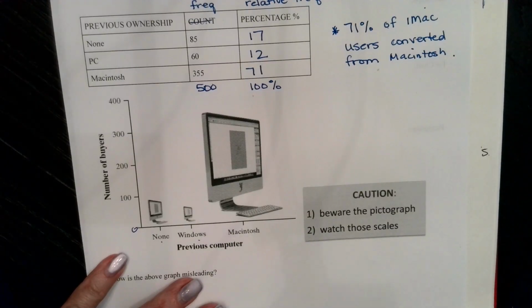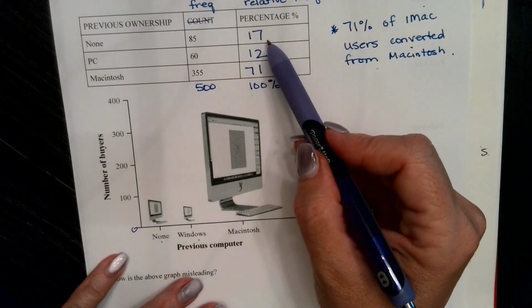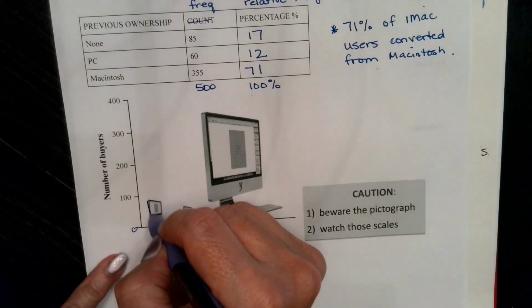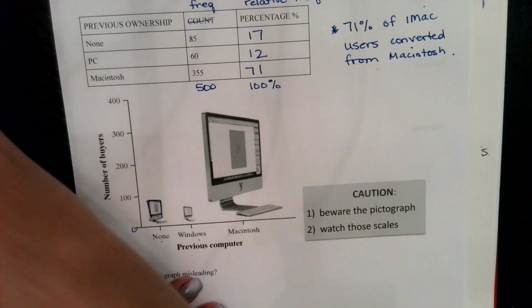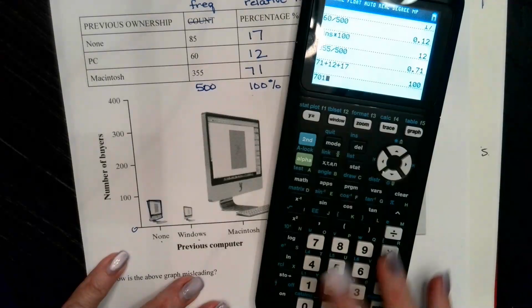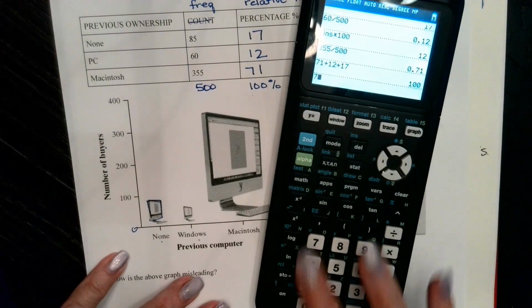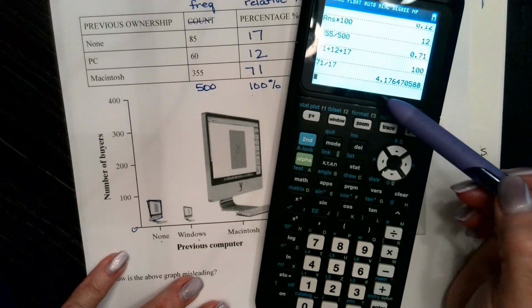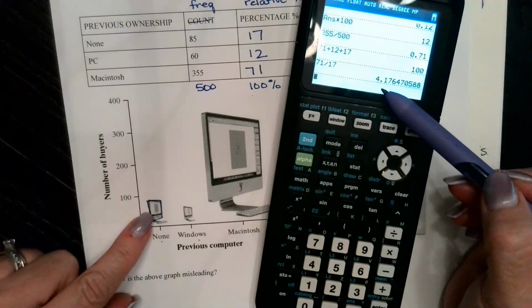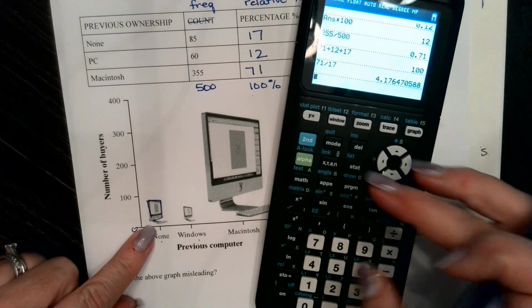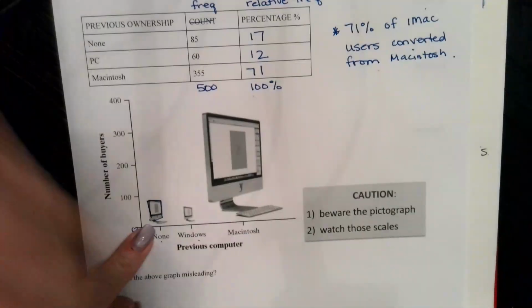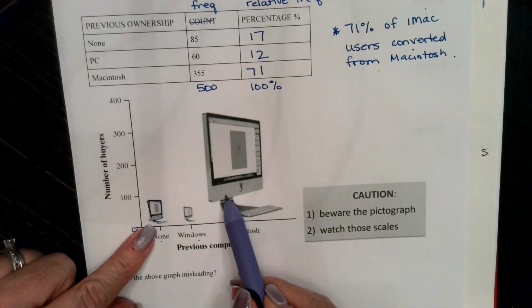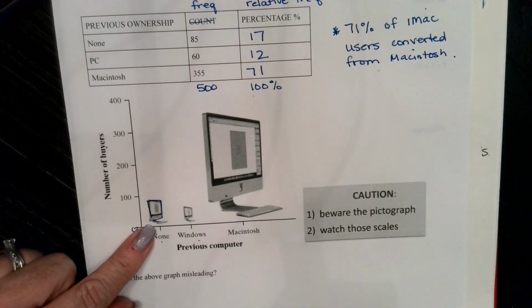Now here's the problem with this. If we look at this none, it's 17%, right? So if I take 71 and divide it by 17, that means that I need 4 and a little bit more, so 4.1 of these should fit inside this if I'm doing a pictograph.